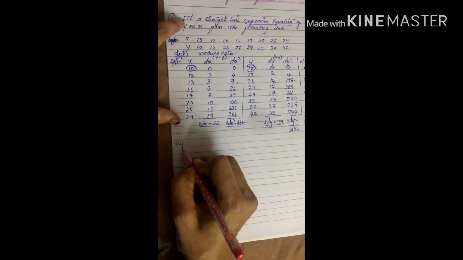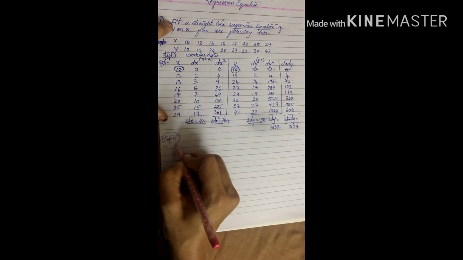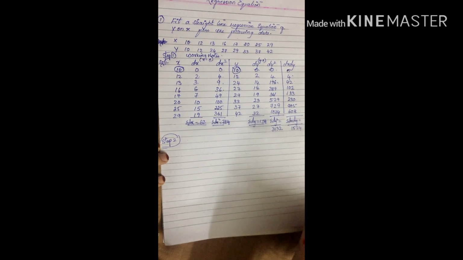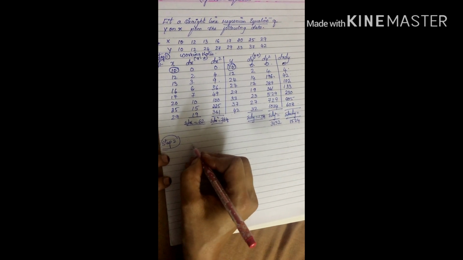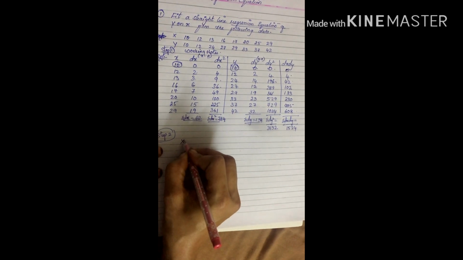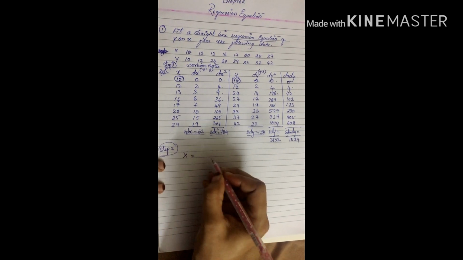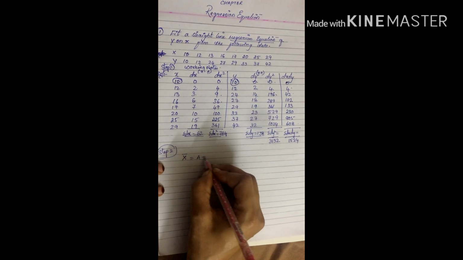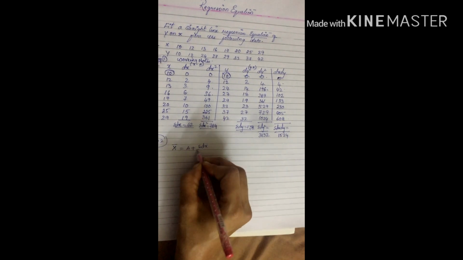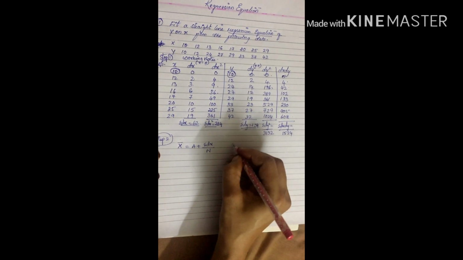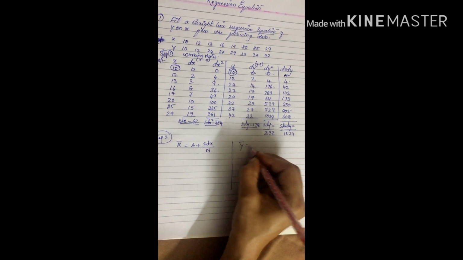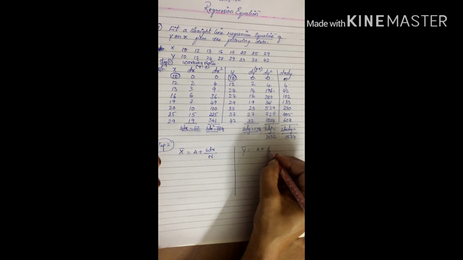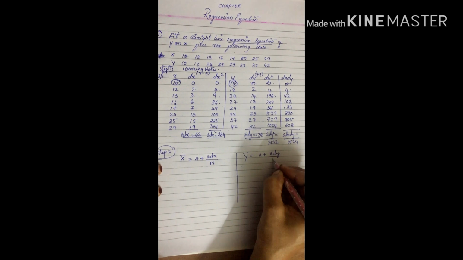Then step 2: we are finding the mean. Mean is equal to a plus sigma dx by n. Likewise, we need to find it for y also. Y mean is equal to a plus sigma dy by n.